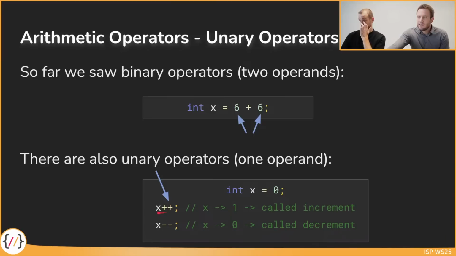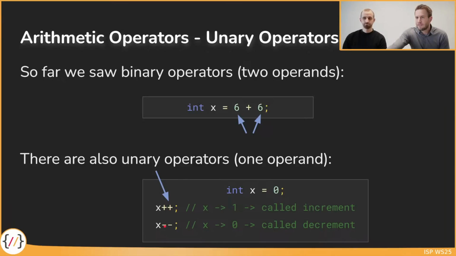And then we see here the first unary operator, which is a post increment. This plus plus is an increment operator. What this does is basically just adding 1 to the value that is stored in x. So in this case, x is raised by 1, so it's set to 1 afterwards.